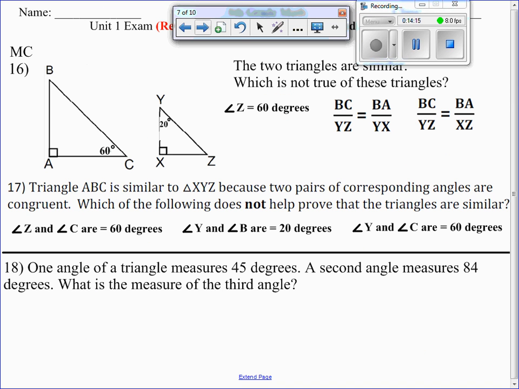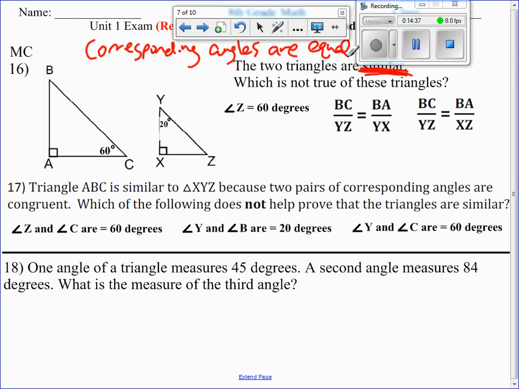All right, number 16, this should look familiar because we did it in class. The two triangles are similar. So right away, similar tells us two facts. It tells us that corresponding angles are equal. That's the first thing it tells us.